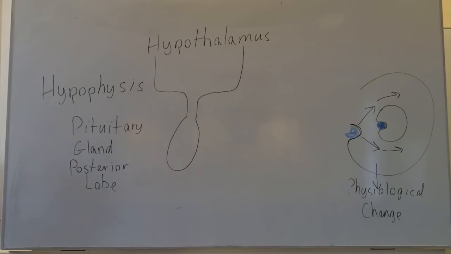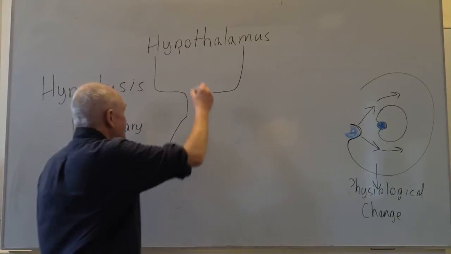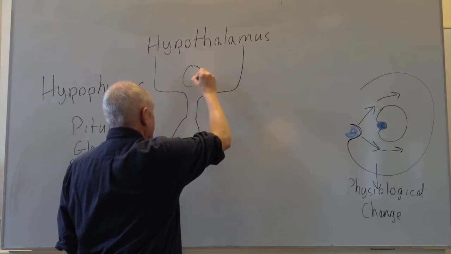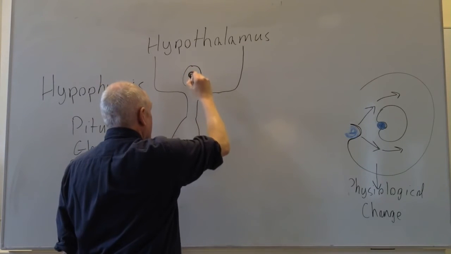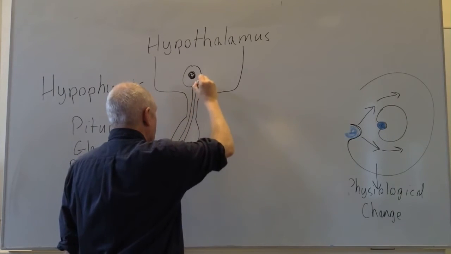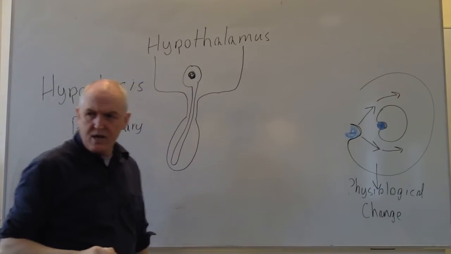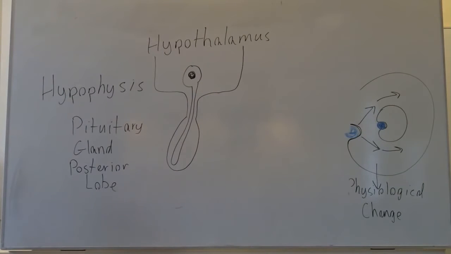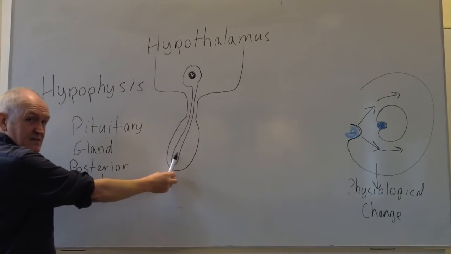And this back part of the pituitary gland, actually, there's big nerve cells in here that have big axons that run all the way down into the posterior lobe of the pituitary gland. So really, this is kind of like an extension of the brain.